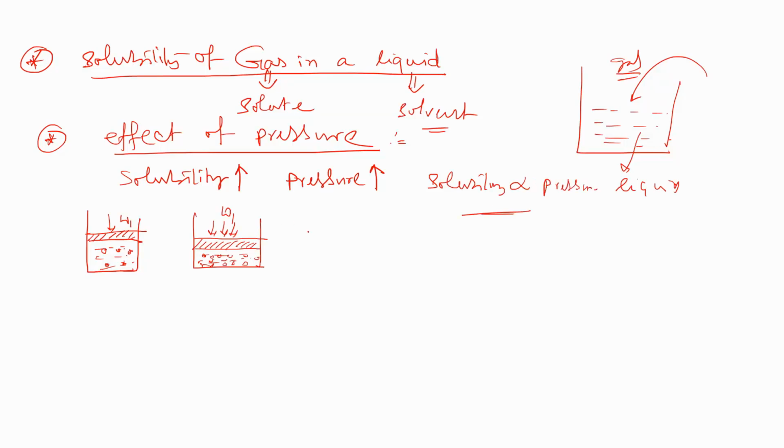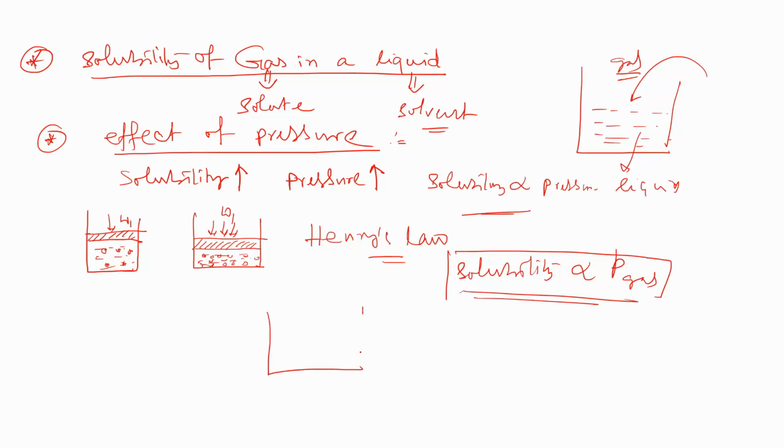But Henry's law says that the solubility of a gas in a liquid is directly proportional to the partial pressure of the gas which is present above the surface of the liquid. What is happening here?